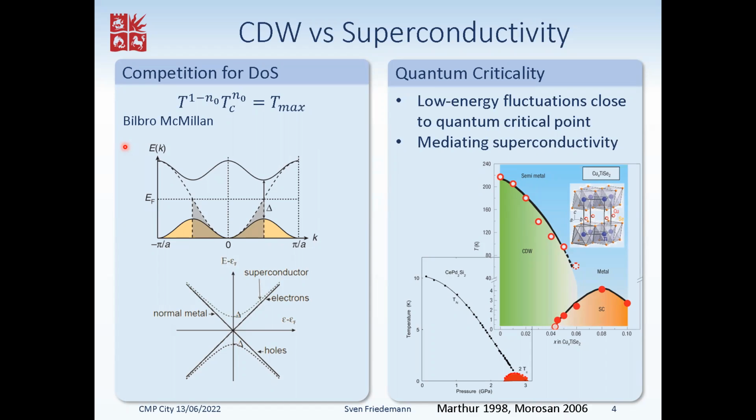And in most cases, indeed, one finds that charge density wave order has higher transition temperatures. Hence, one can usually imagine that charge density waves would suppress superconductivity. I'll make the case that this is indeed what's happening in niobium diselenide, despite some earlier studies claiming the opposite. But I'll come to that in the first part of my talk.